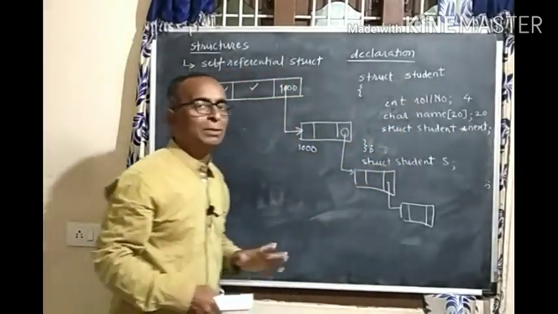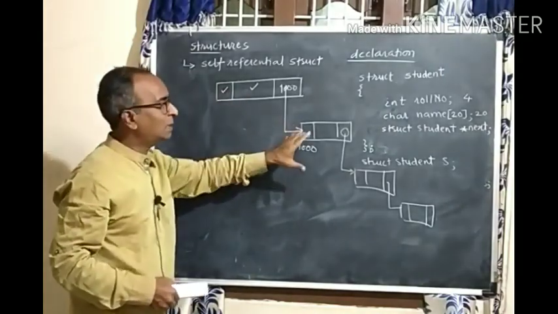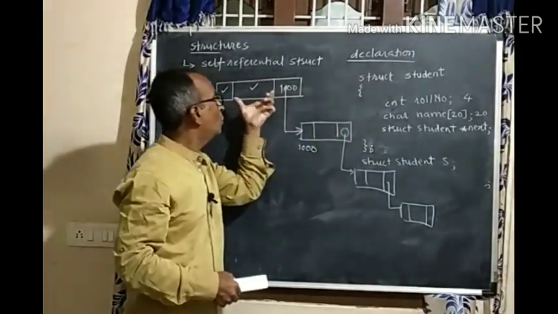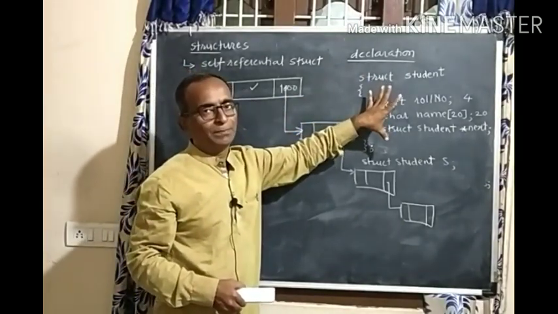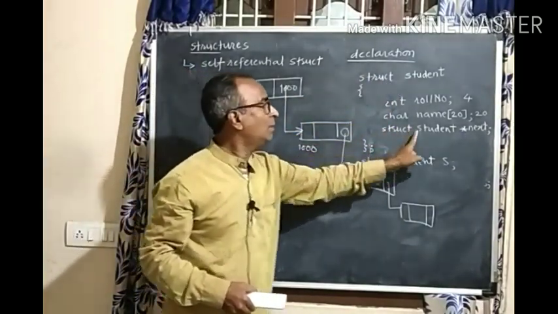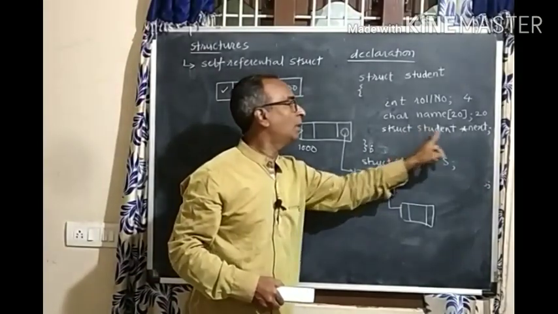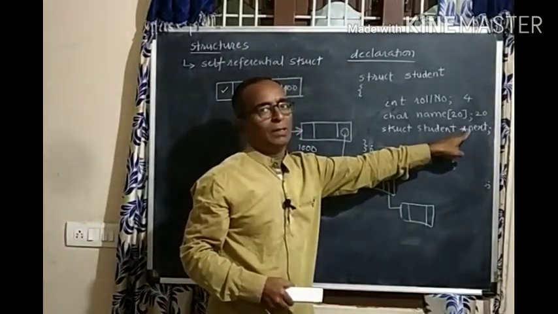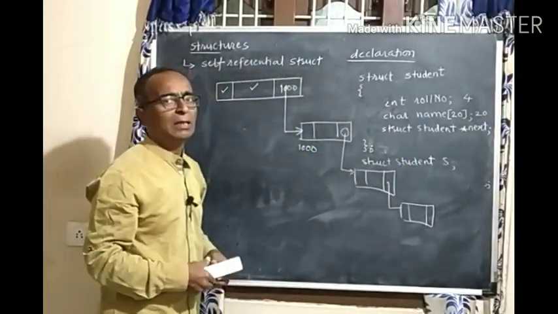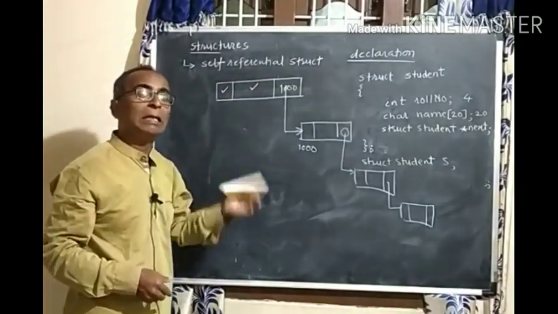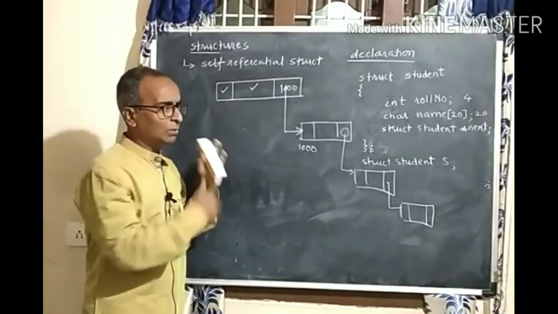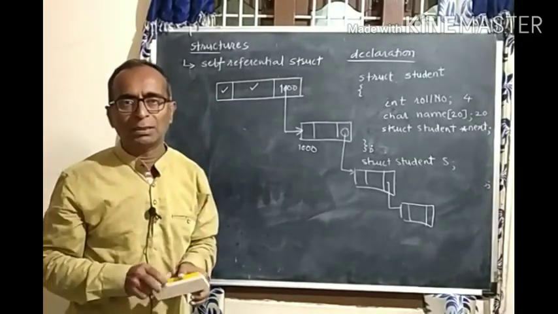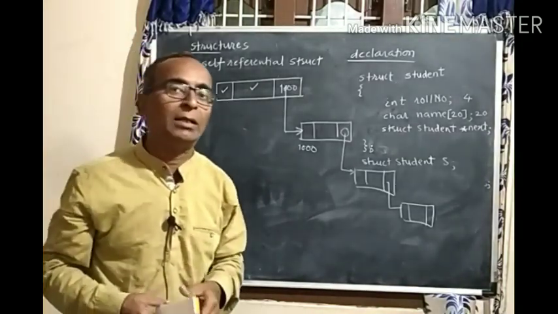That is a self-referential structure. So for node creation in a linked list, we require a self-referential structure, where one field, one member, will have a reference. We'll see in detail later when we implement the linked list concept, right? We'll stop here. Refresh all these concepts once again so that we can start the linked list concepts.